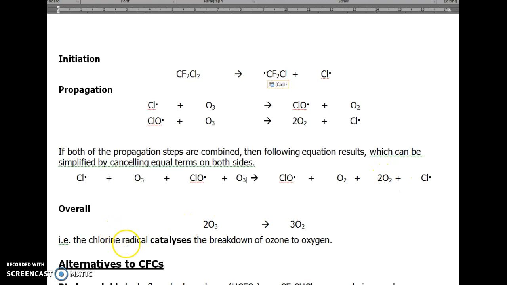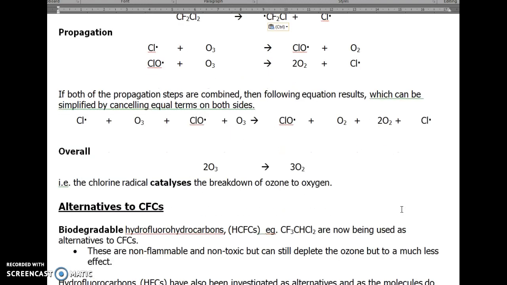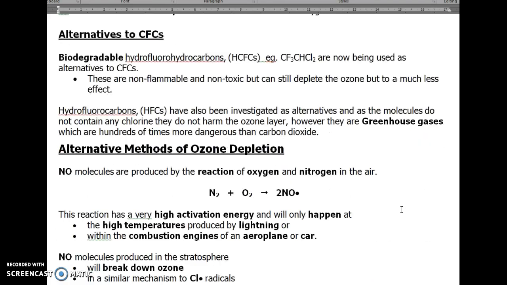So overall, two ozone molecules make three oxygen molecules, and so the chlorine radical catalyzes the breakdown of ozone to oxygen, and just one single solitary chlorine radical can catalyze the breakdown of about 100,000 ozone molecules. So it's quite destructive. Okay, there are alternatives out there to CFCs, but these are found to be greenhouse gases, so they are not used in refrigeration.